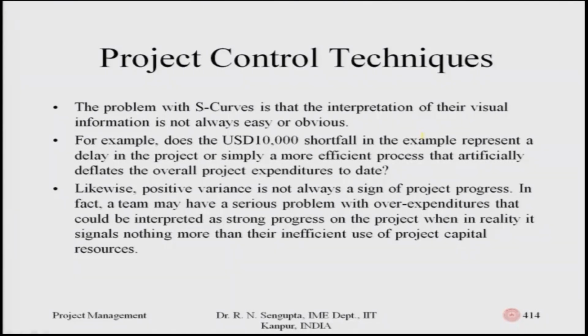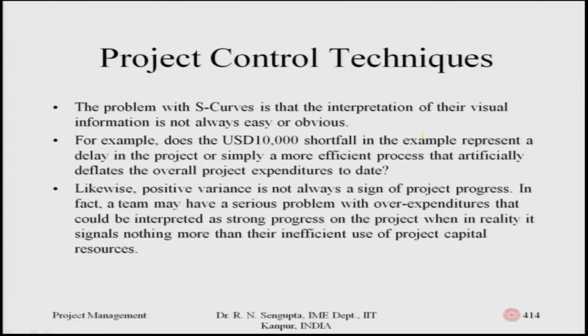Likewise, a positive variance is not always a sign of project progress. In fact, a team may have a serious problem with over-expenditure that could be interpreted as strong progress on the work, when in reality it signals nothing more than inefficient use of the project's capital resources.